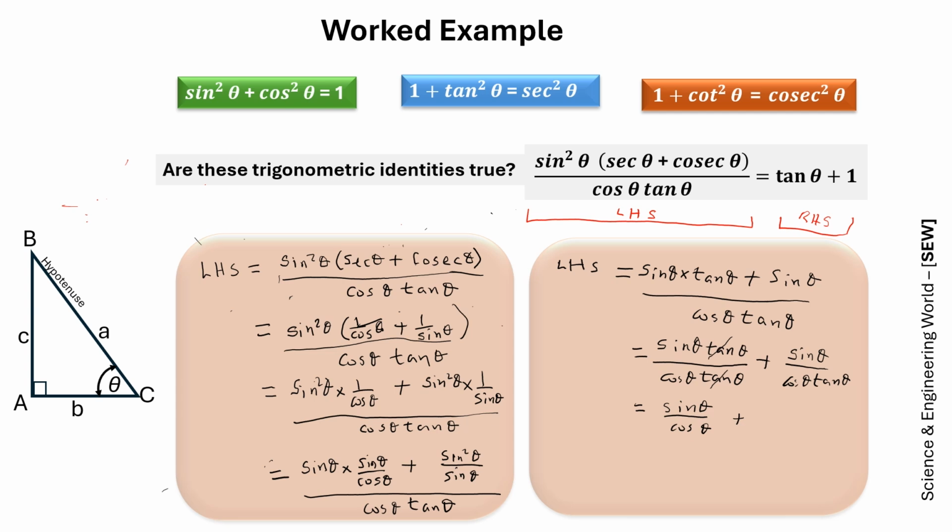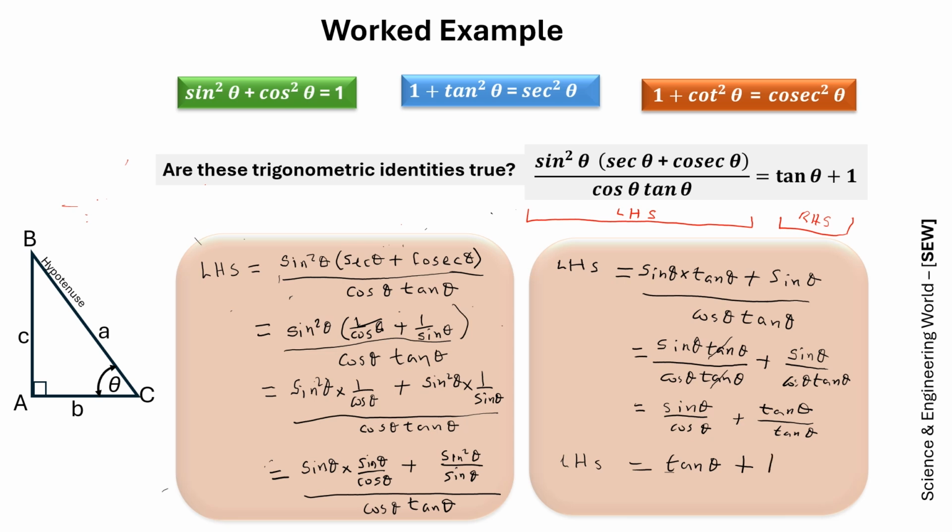That is giving us tan theta. So we now have tan theta over tan theta. So we can now say that our left hand side is equal to sine theta over cos theta, which is tan theta, plus tan theta over tan theta, which equals 1.